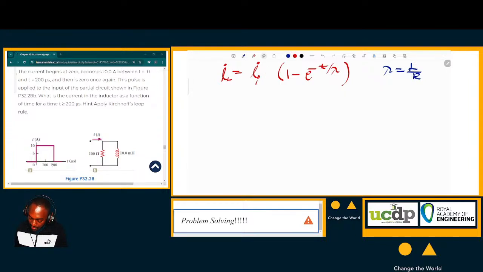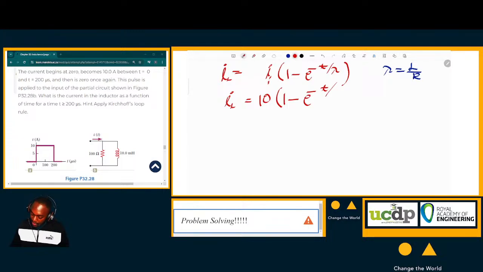So if you look at the pulse, the I initial is 10 amps, so you can substitute your 10 amps there. So that becomes 10 times 1 minus e exponential negative t over the time constant.